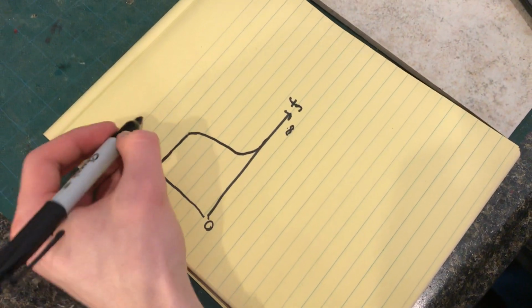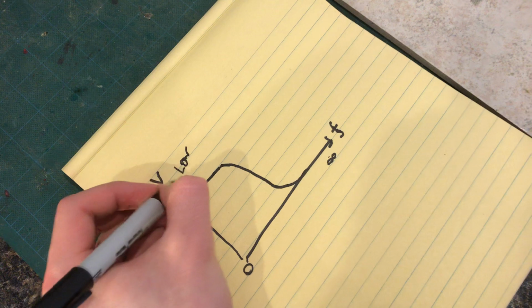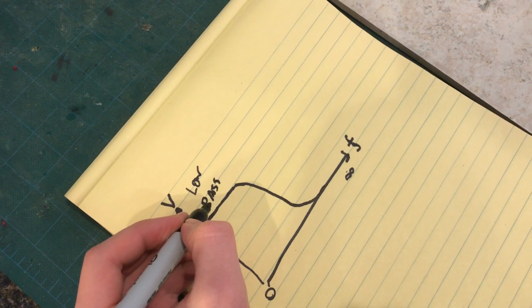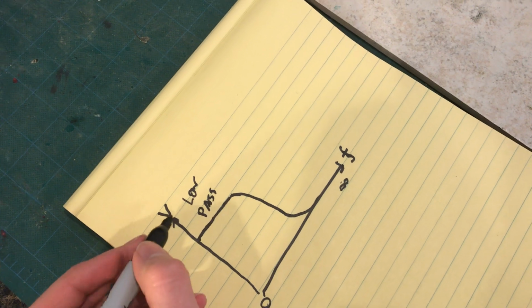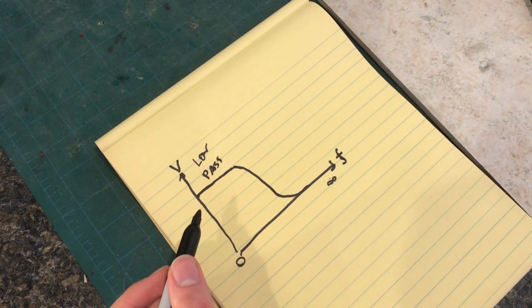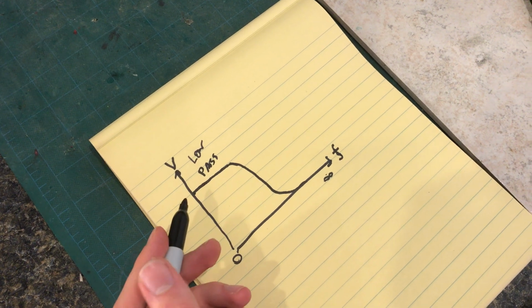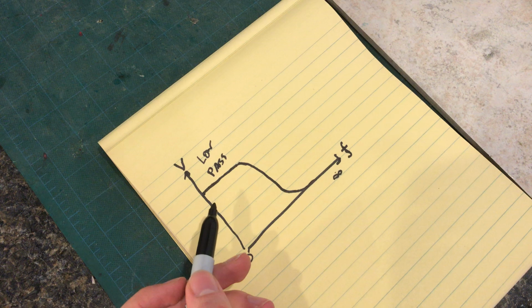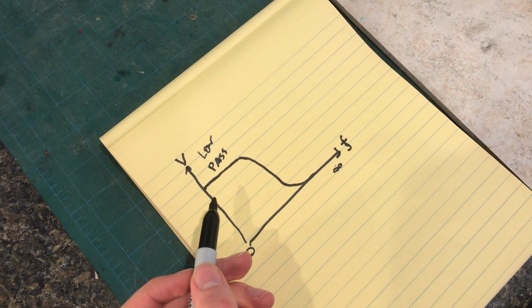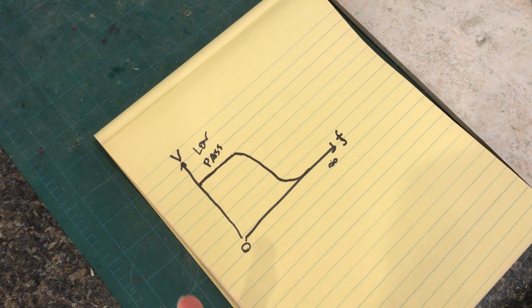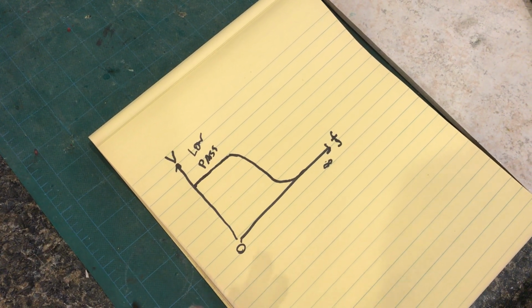We call that a low pass because it passes low frequency signals. And we use this for selecting the signal that we want and filtering out other things, because anything other than the signal we want is noise.